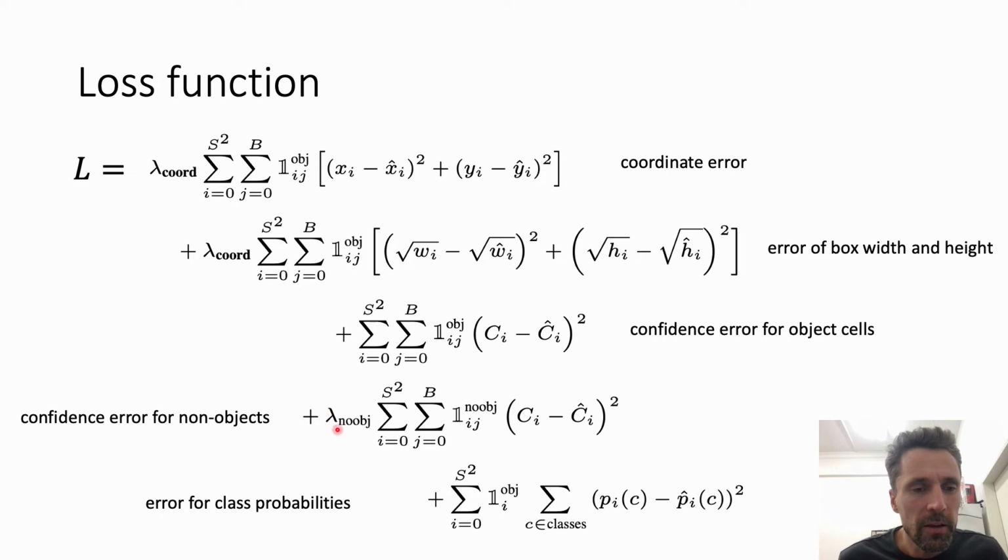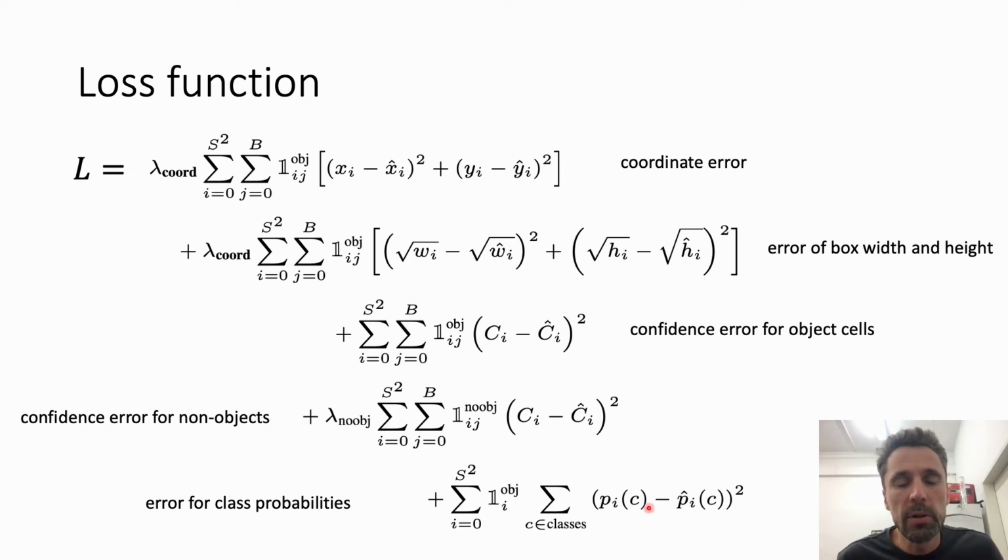There's another thing, lambda no object, and that is for the confidence scores of those cells and object detectors in the case that there's no object, and another term for the case when there is an object in that cell. And this term here is the quantification of the class probabilities, right?